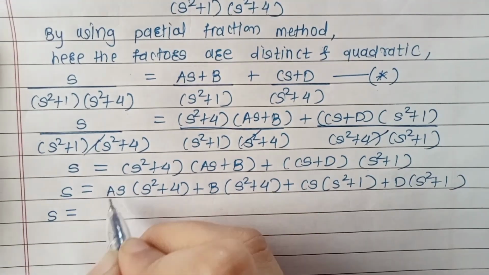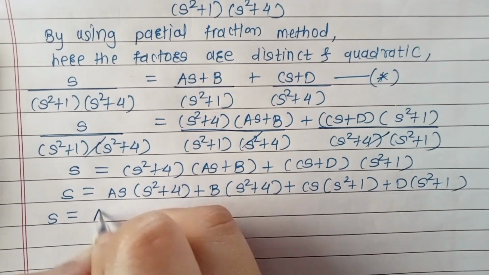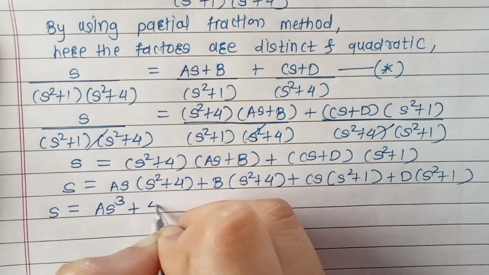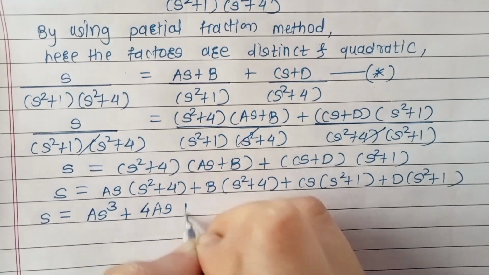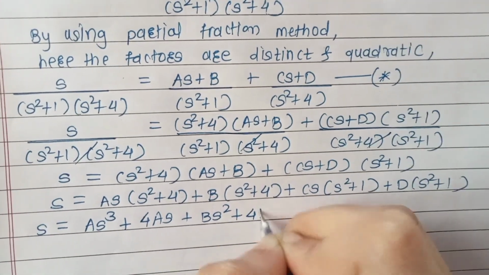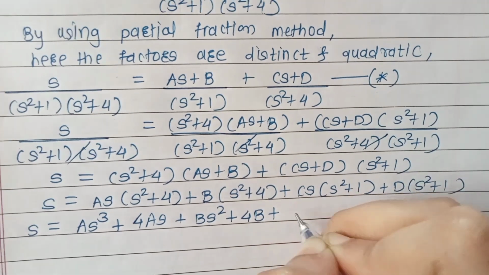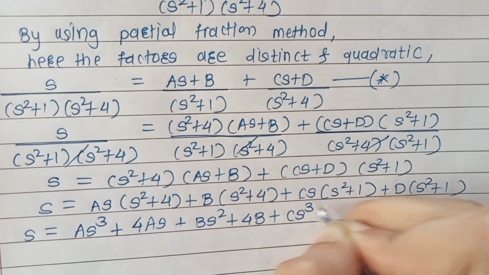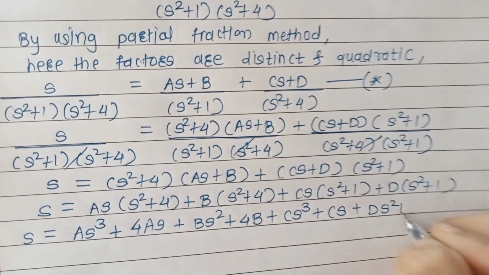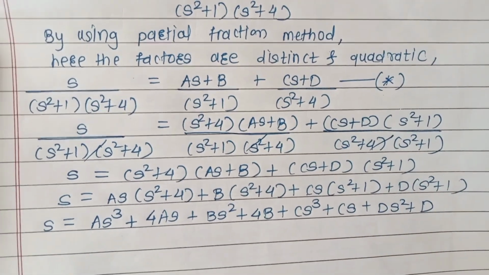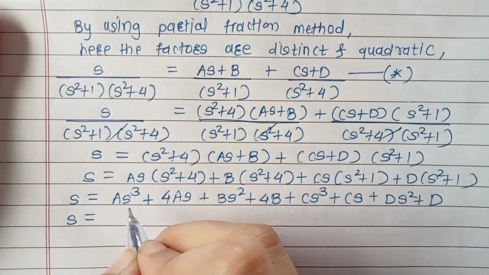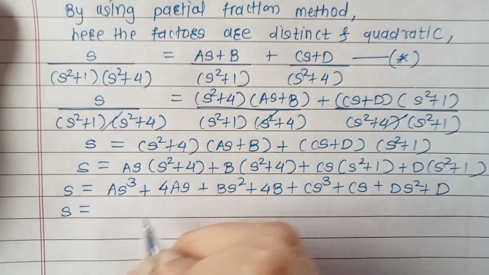Now s is equal to as into s square is as cube plus as into 4 is 4as plus b into s square is bs square plus 4 into b 4b plus cs into s square is cs cube plus cs into 1 is cs plus d into s square is ds square plus d into 1 is d, okay.